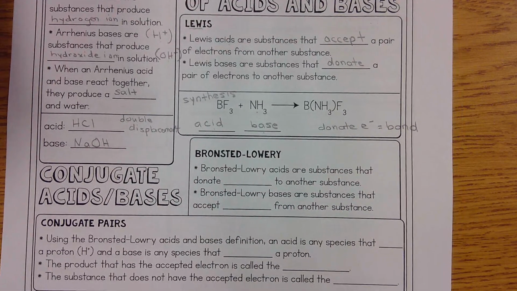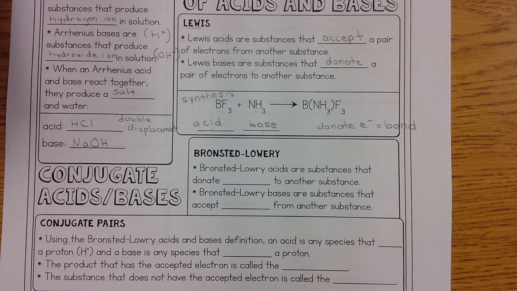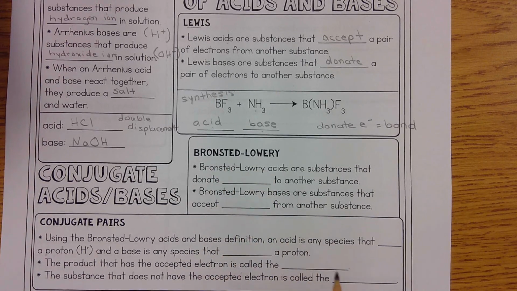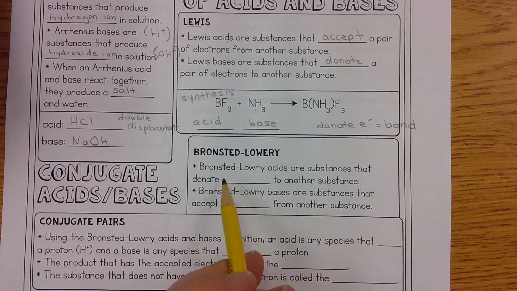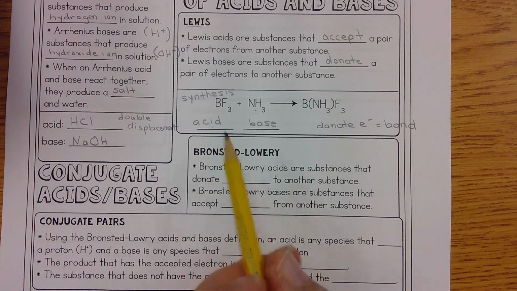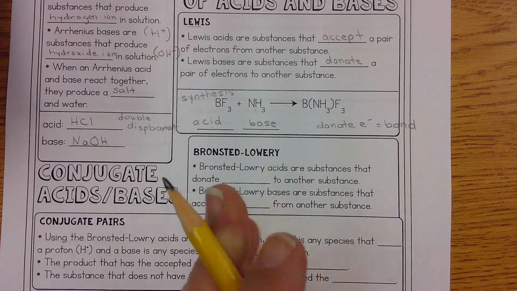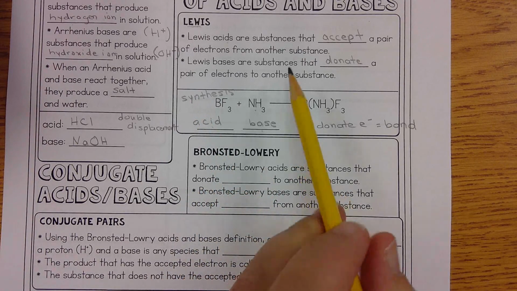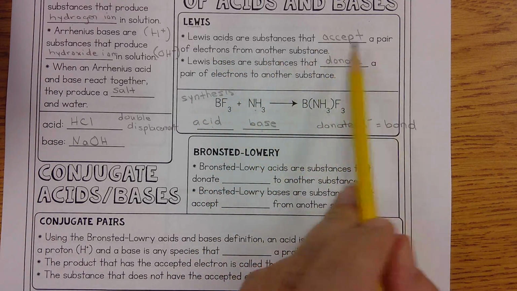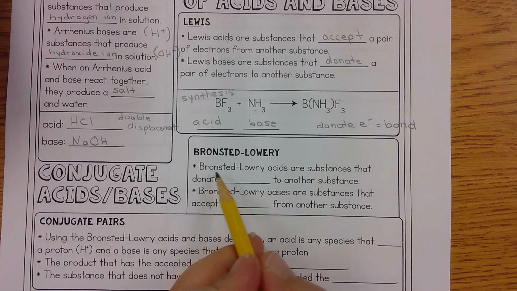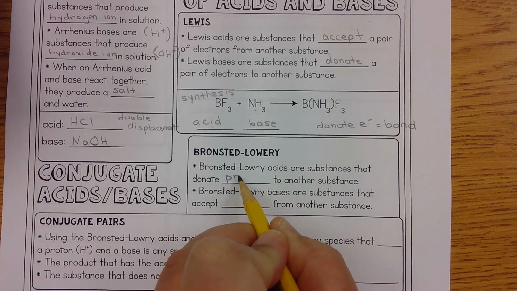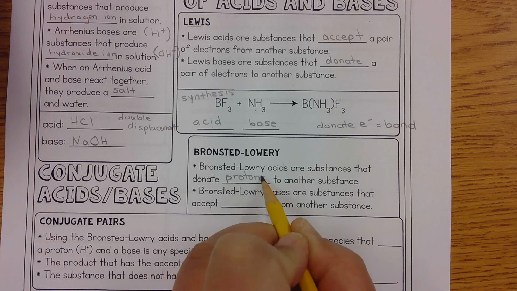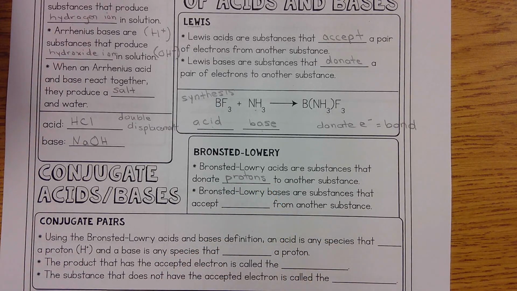All right, the third definition is Bronsted-Lowry. These are somewhat like the Lewis acids, just the opposite, right? So Lewis acids accept electrons, Bronsted-Lowry acids donate protons to another substance.